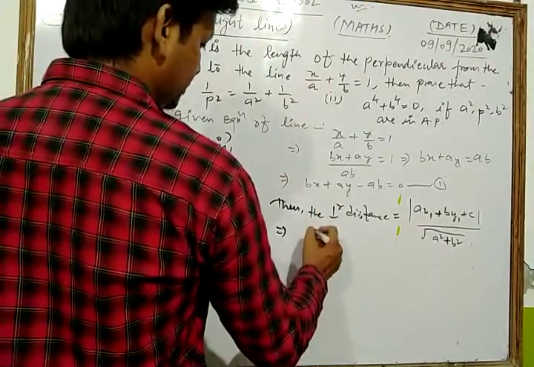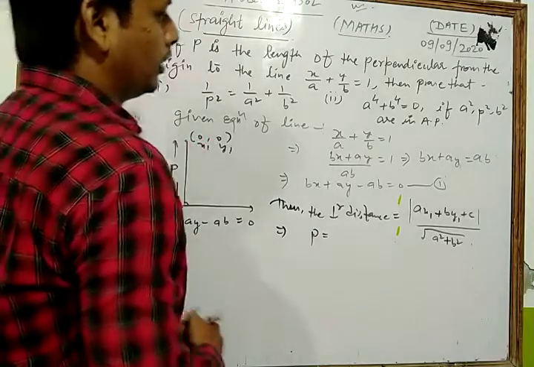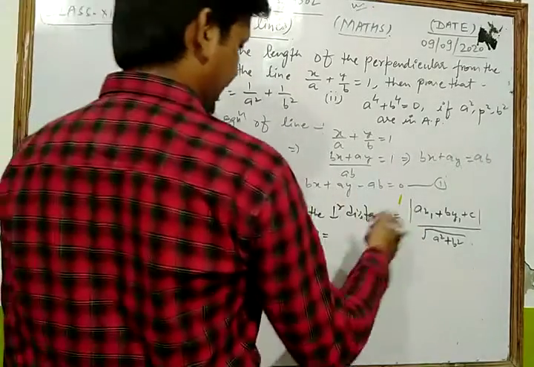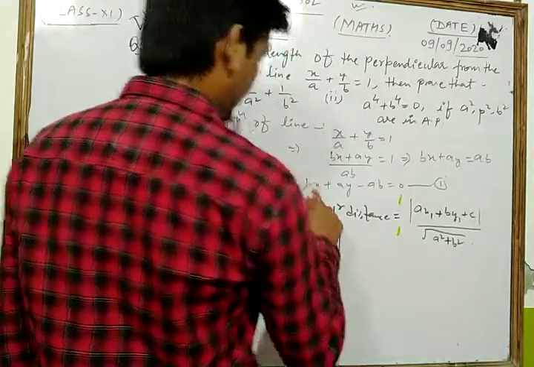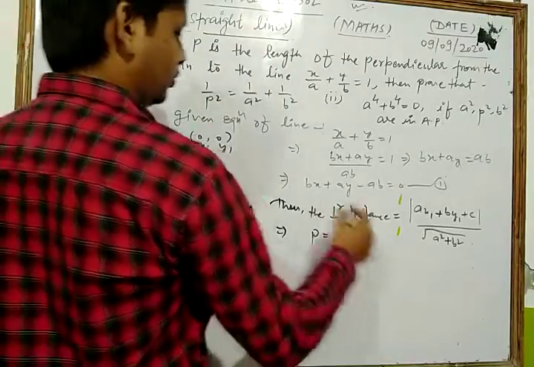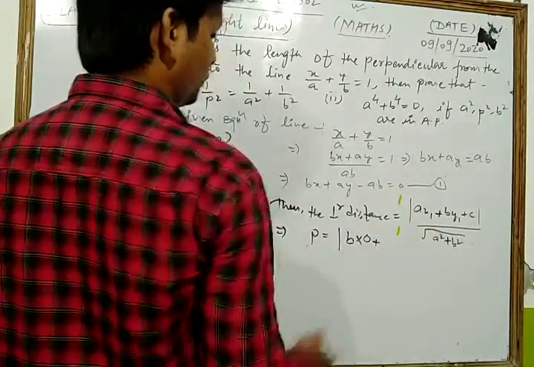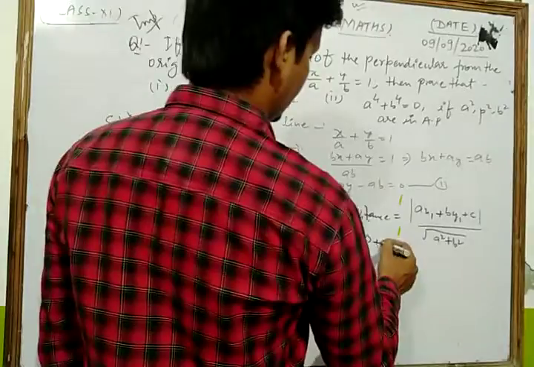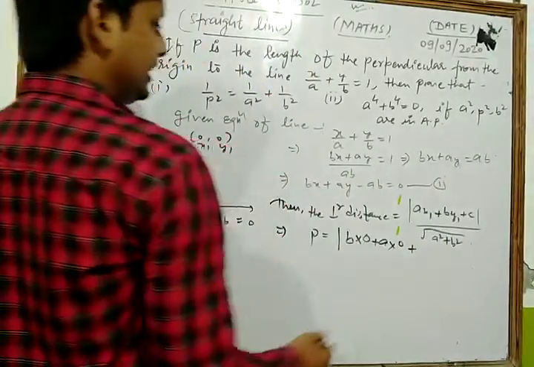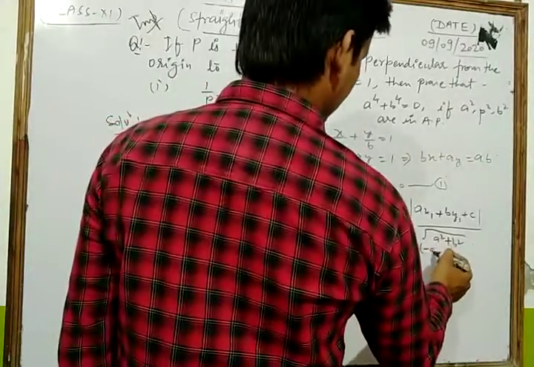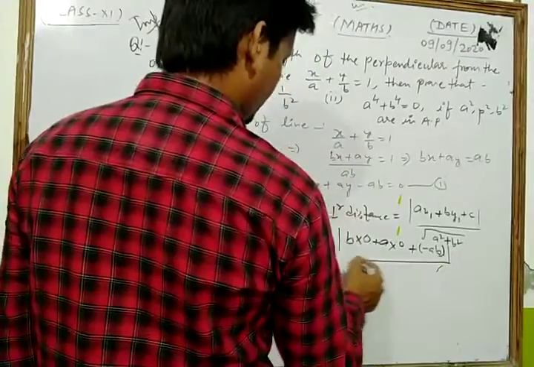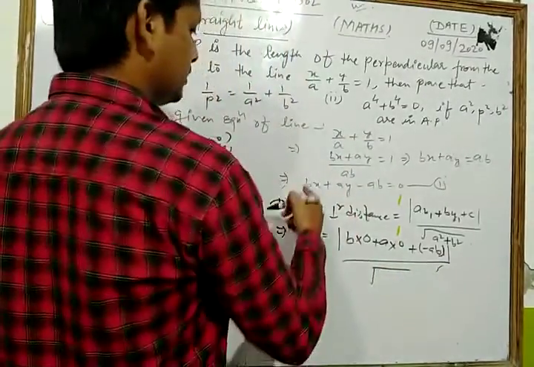So we write p is equal to, putting the values, mod of the coefficient of x, which is b, into x1, which is 0, plus the coefficient of y, which is a, into 0, plus c, the constant term, that is minus ab, upon under root a square plus b square, meaning b square plus a square.